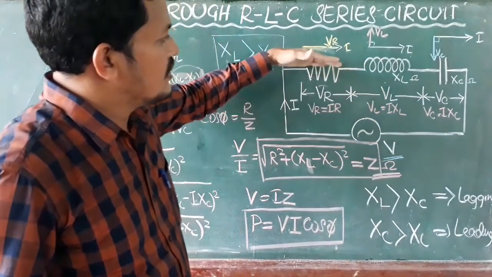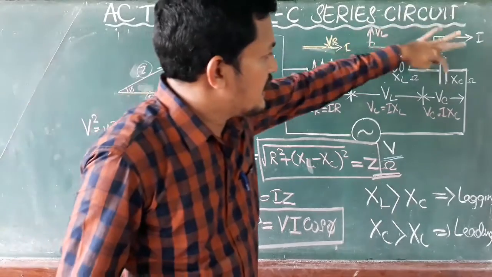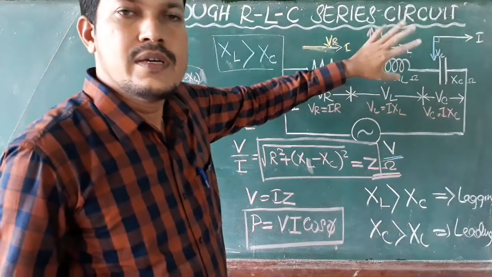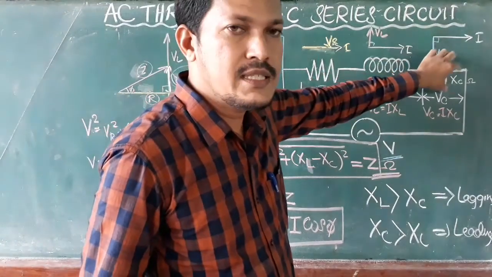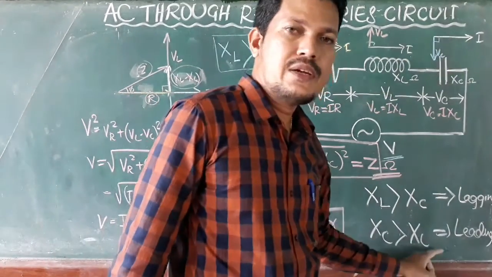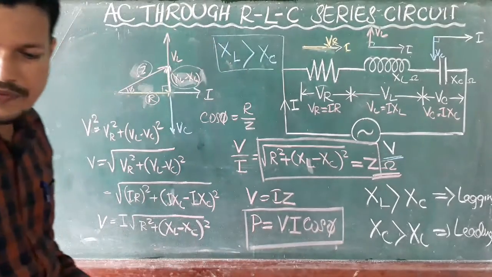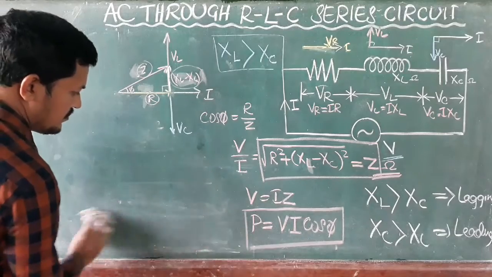Clear? The resistance is always in phase, so no problem. Comparing these two, if XL is the larger value, the circuit behaves as an inductive circuit. Suppose the capacitor has the larger value, the total circuit behaves like a capacitive circuit, so the current is in leading condition. Clear? So I can draw one more phasor diagram.